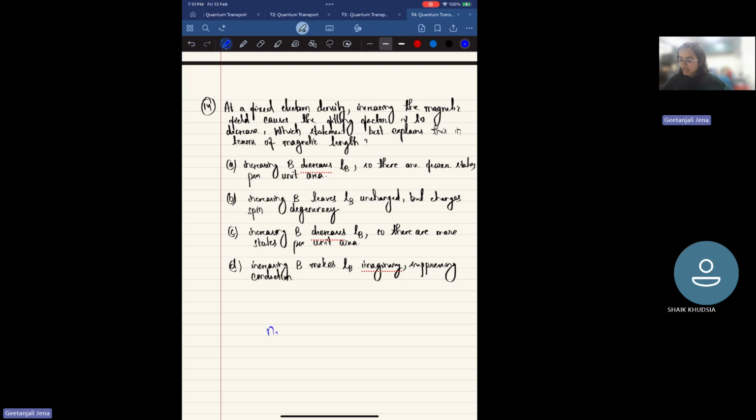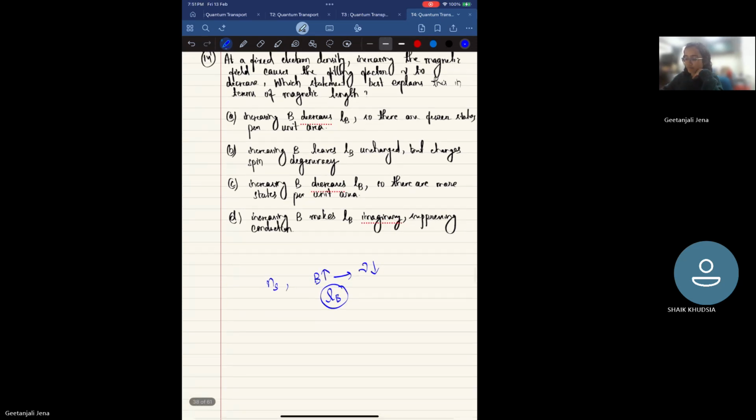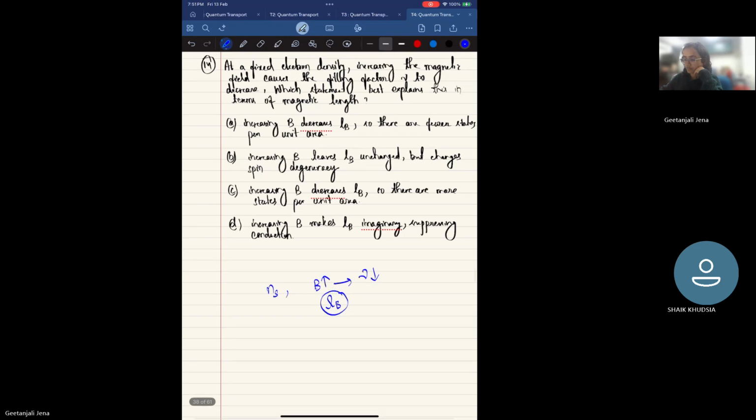At a fixed NS, when we increase the B, nu decreases. What is the effect on LB when you increase B?